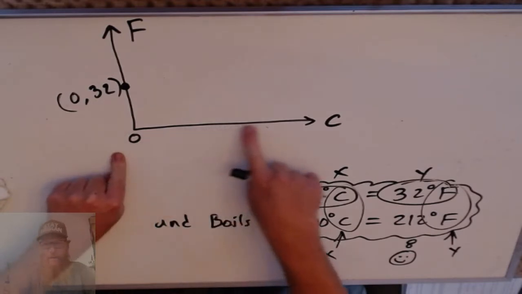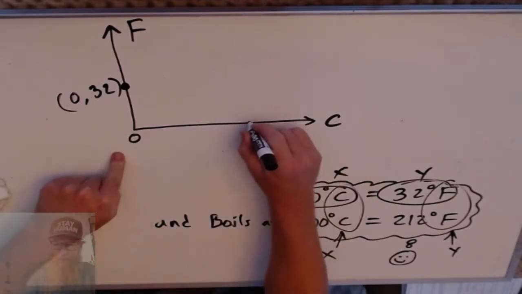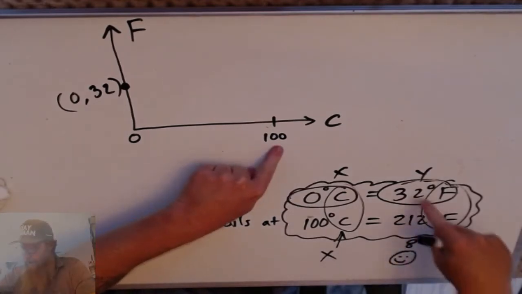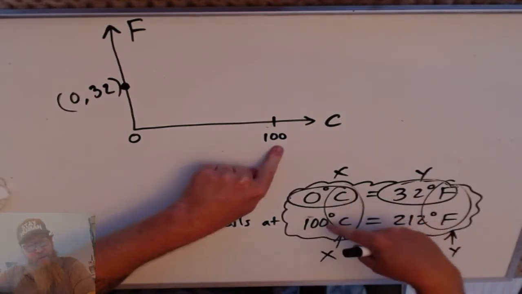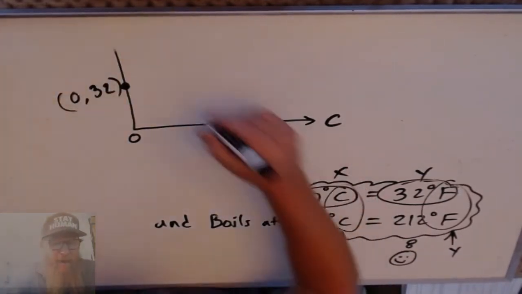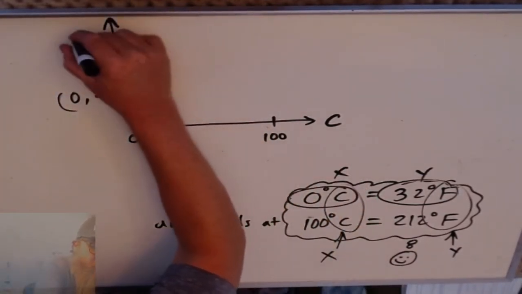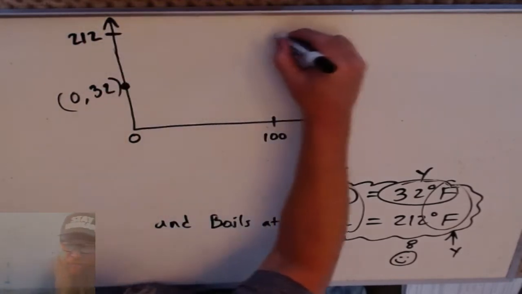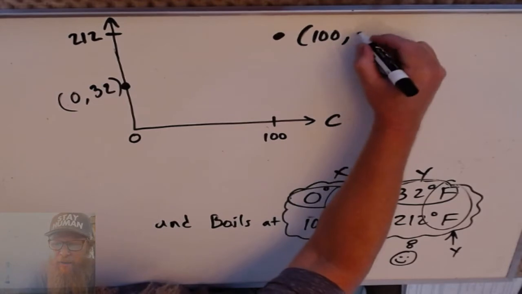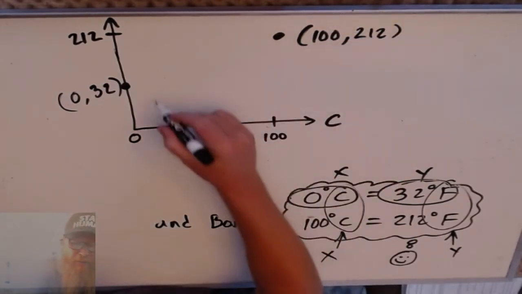And then I go a little bit down the axis here to 100 degrees Celsius. I'm going to go ahead and omit the symbol for degrees and just say 100. All right. And then up here on my F-axis, it's 212. So I have a point over here where x is 100 and y is 212.